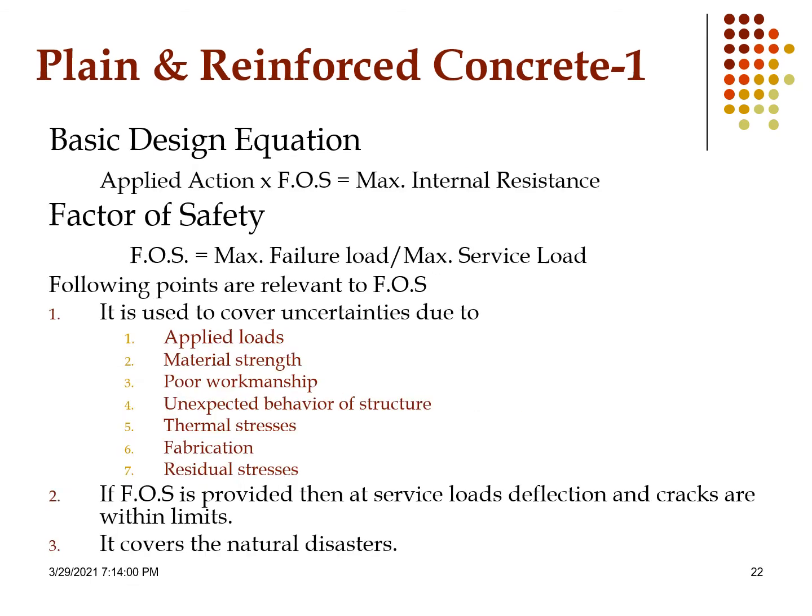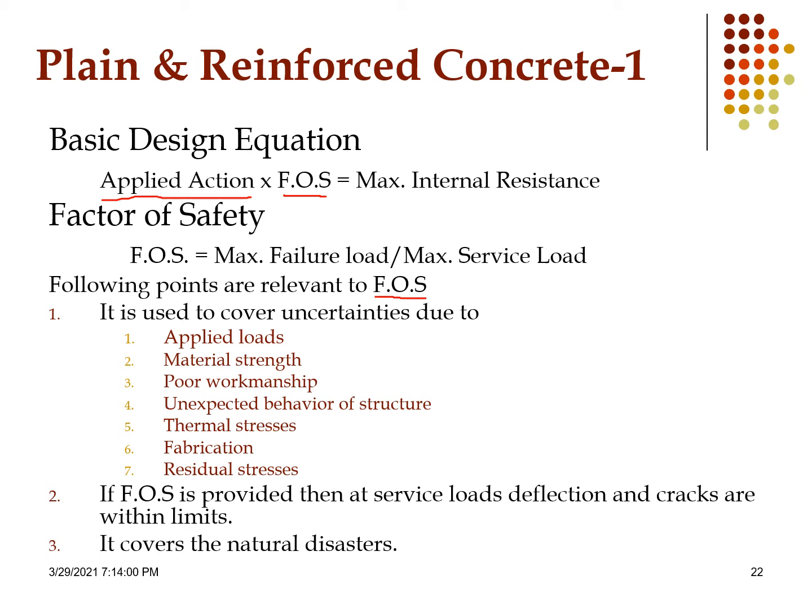The basic design equation is applied action multiplied by factor of safety, which needs to equal the maximum internal resistance of the member. Now factor of safety is equal to maximum failure load divided by maximum service load. Now why do we provide factor of safety?